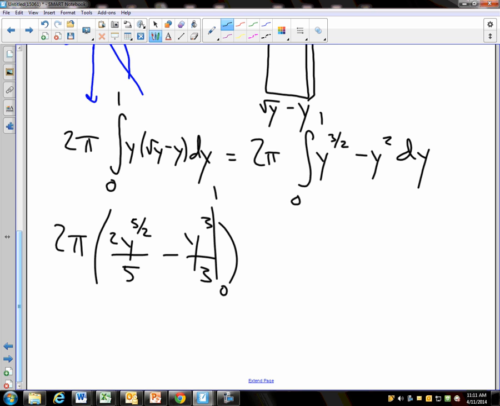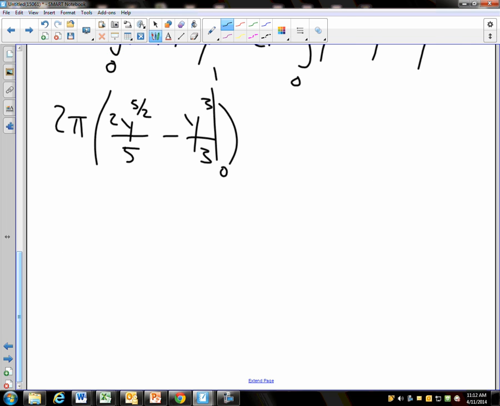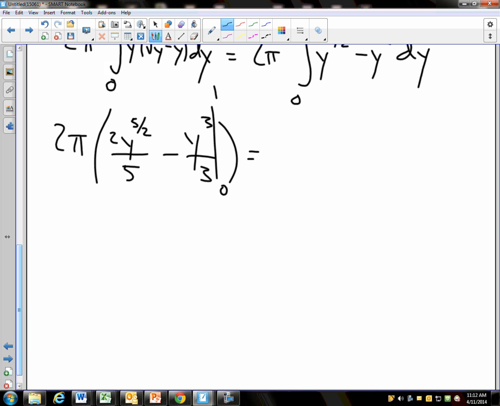You know that when you plug in 0, you get 0. What's my common denominator between these two? 15, so we'll turn it into 15ths. I plug in 1. I get 2 pi times 1 to the 5 halves is 1, times 2 over 5, be 2/5. Turn that into 15ths. 6 over 15. Minus.